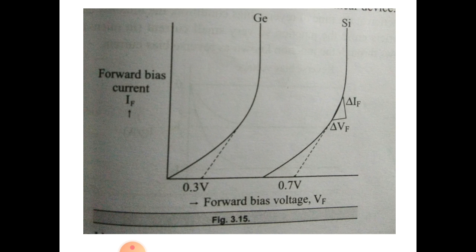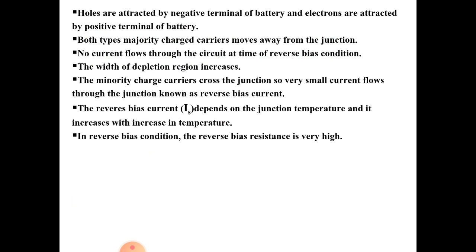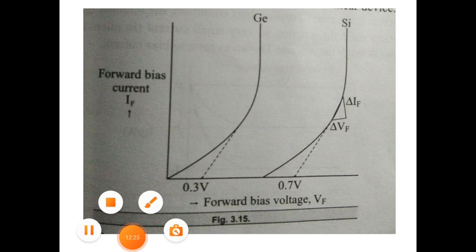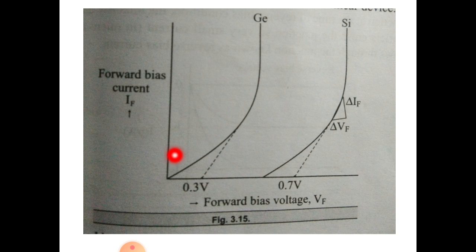This is a figure of the characteristics graph between the forward bias voltage and the forward bias current, which shows that as voltage increases, the current also increases.